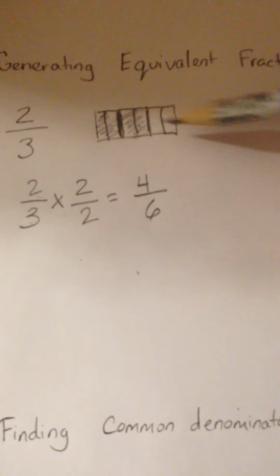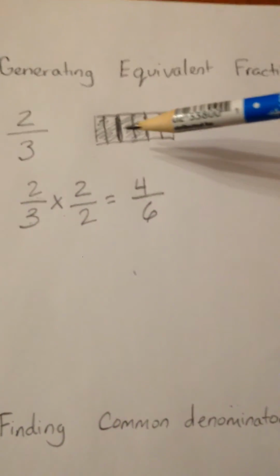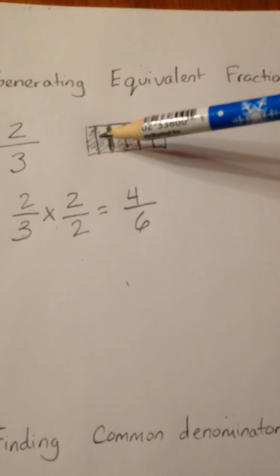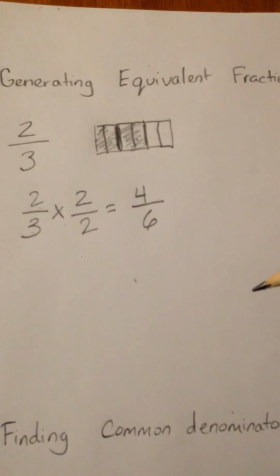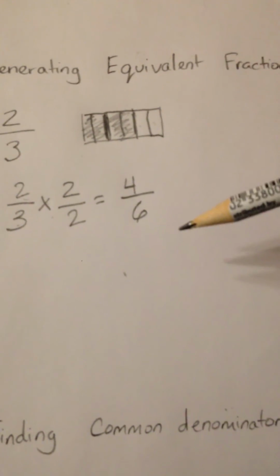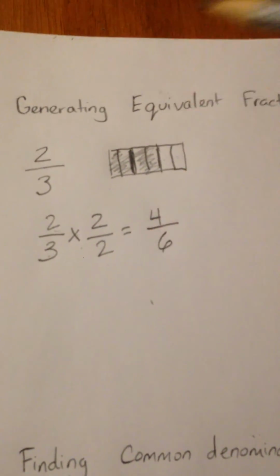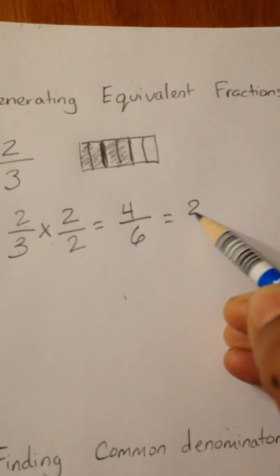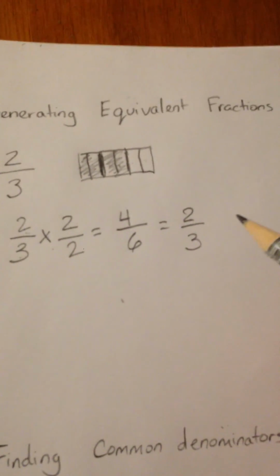There are now 6 pieces to the whole candy bar, but only 4 pieces have nuts in it. 4/6 is equal to 2/3.